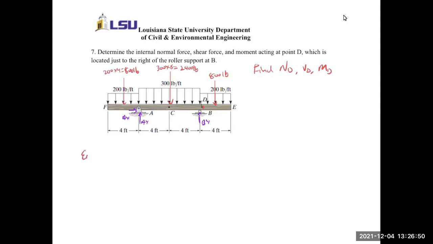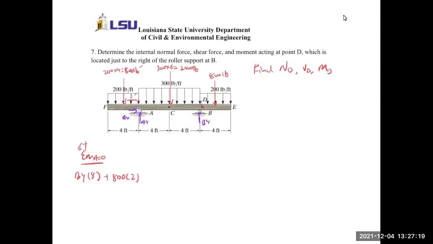So we do a moment about point A. We have BY going counterclockwise, so that's positive, multiplied by the perpendicular distance of A. And then we have this 800 pound load right here, going counterclockwise as well, so plus 800 times the perpendicular distance of 2 feet.